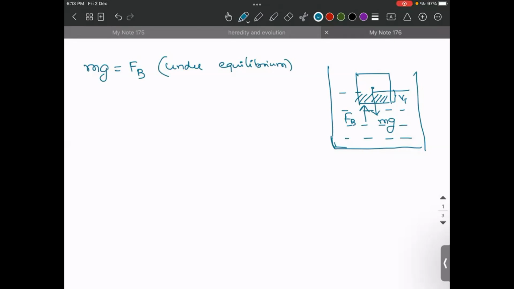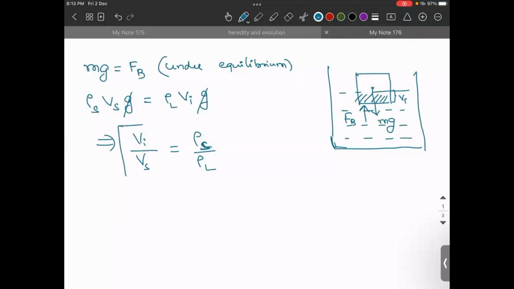So the value of mg is the density of solid into the volume of solid into g, equal to the buoyant force, given as density of liquid into volume of immersed portion into g. G and G will get cancelled, which implies volume of immersed portion divided by volume of solid is equal to density of solid divided by the density of liquid.